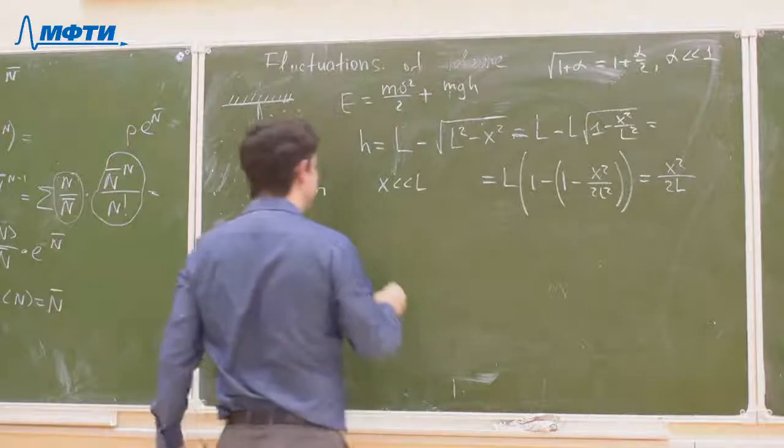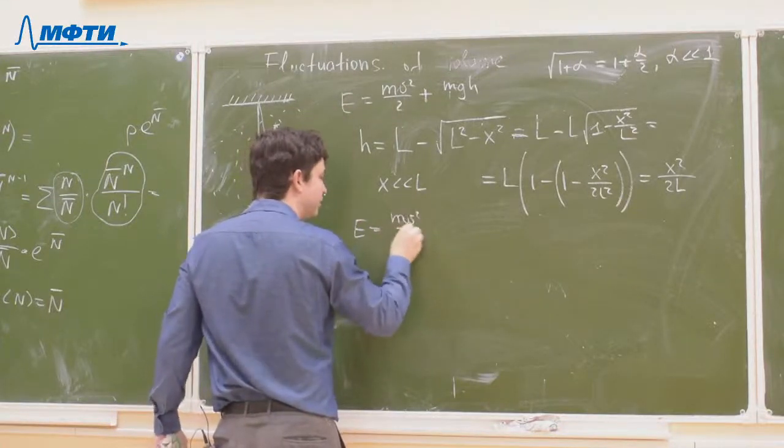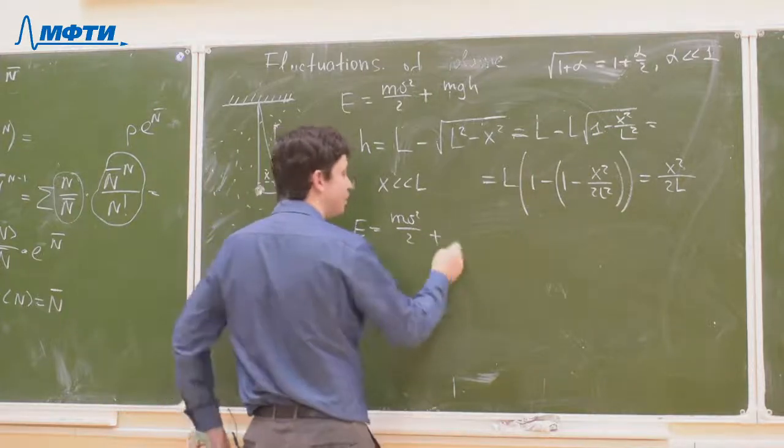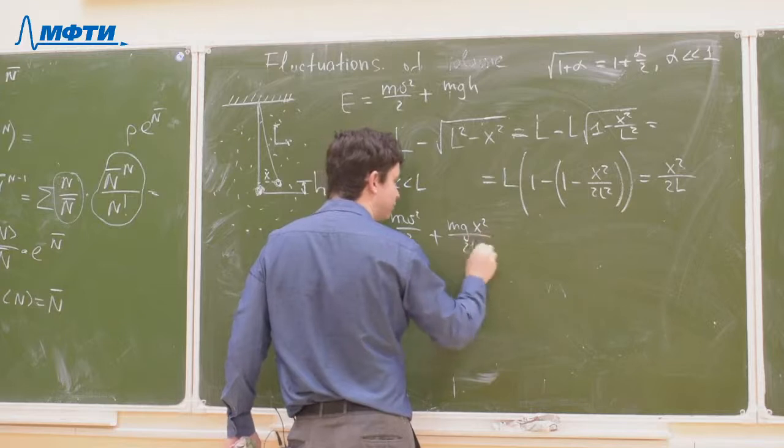I put it into this energy and get mv squared over 2 plus mg x squared over 2L.